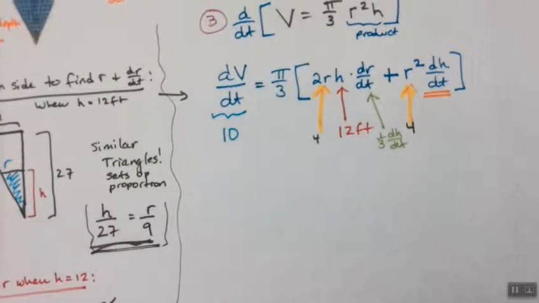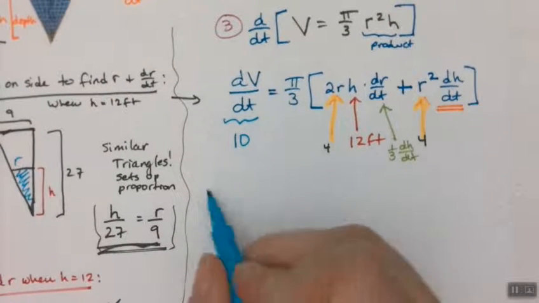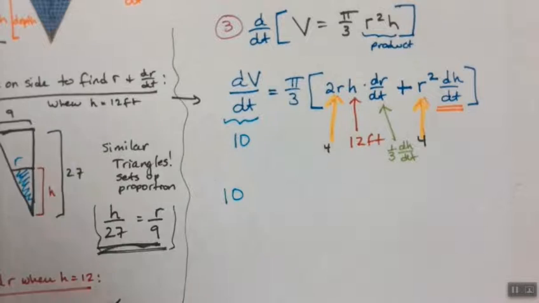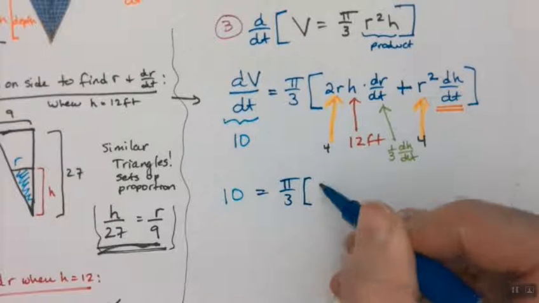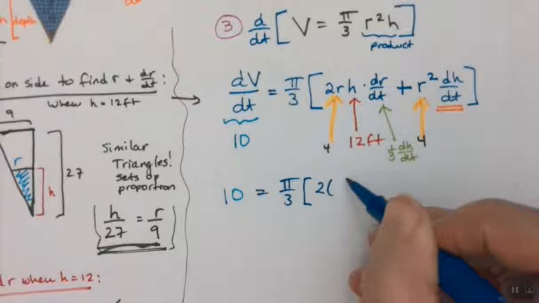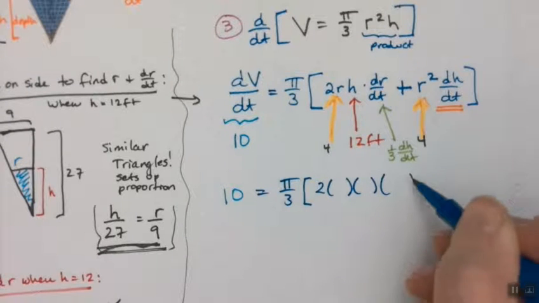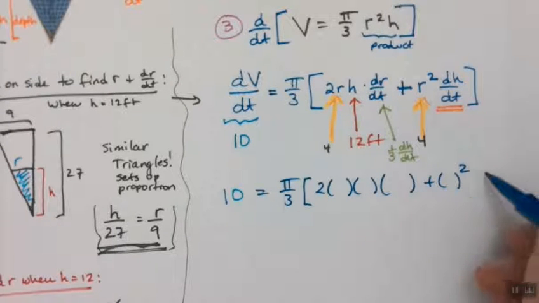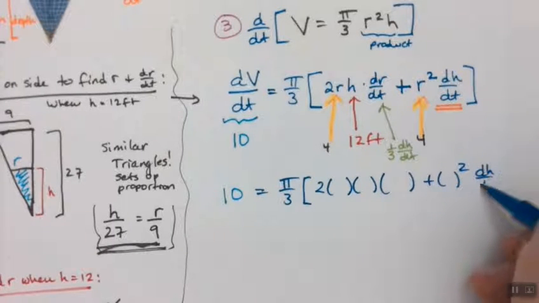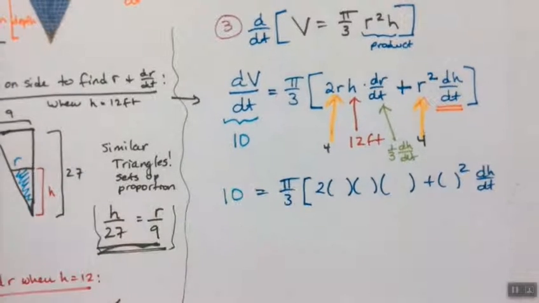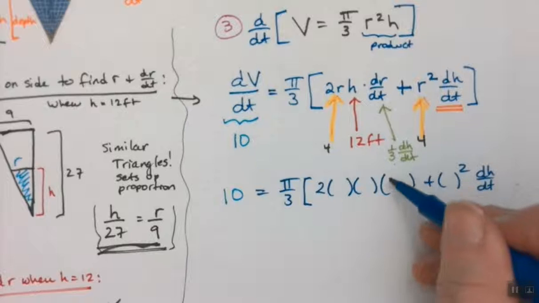Okay, so now, once I've got this done, it'll be easy, because 10 equals pi over 3 times 2 times, so this will be dh dt right here. This will be 1/3 dh dt right here.